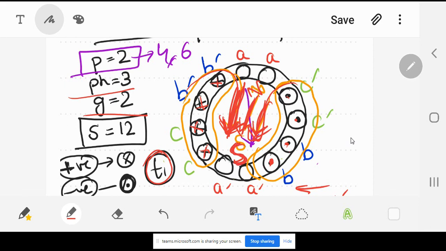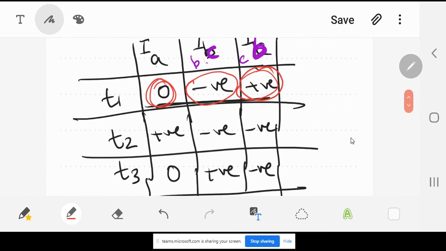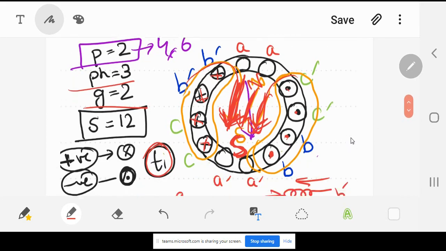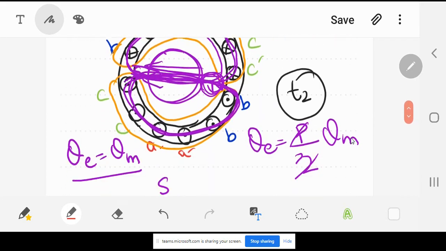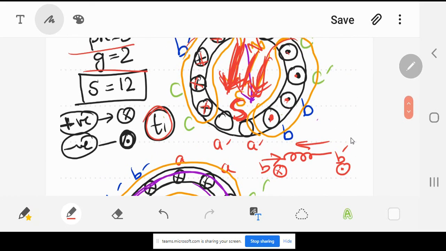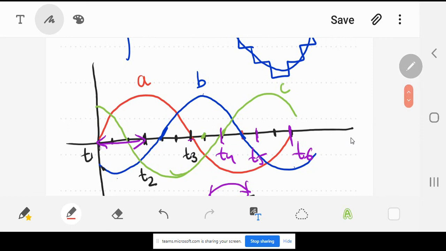This is time T1. If you draw it for time T2, time T3, and so on, you are going to have a different orientation of the magnetic field.